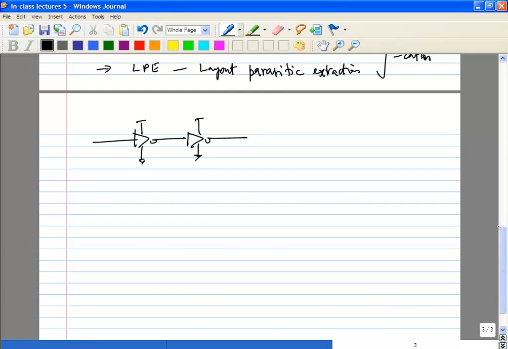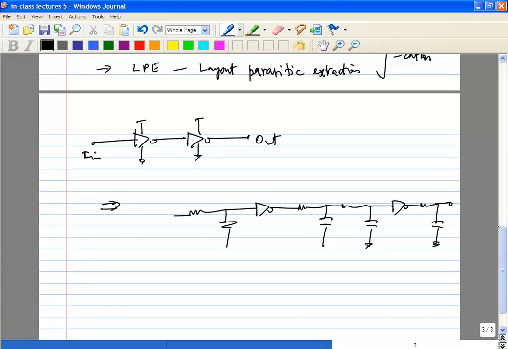Whereas what you actually have is more like something like this, because any connection you make between the two is going to have parasitics. Quite possibly you could have L here also.